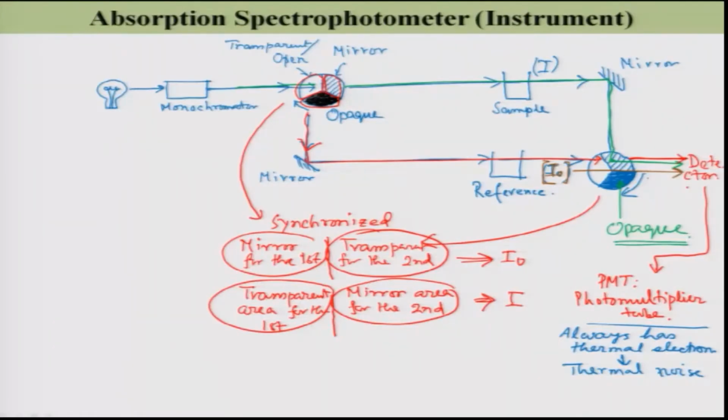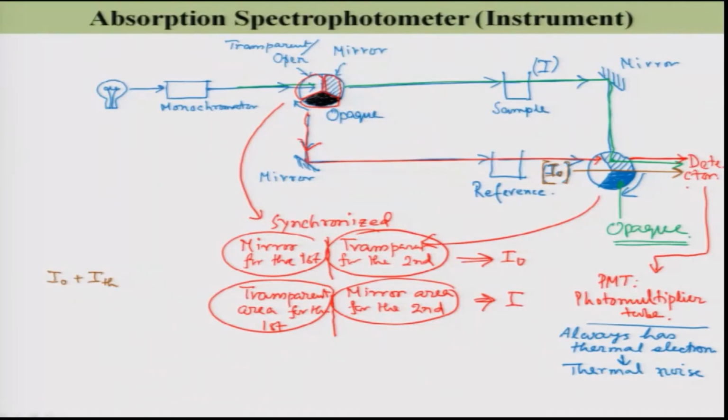Let me assume that the thermal electron intensity is ITH. So, here I0 is because of the incoming light plus ITH because of the thermal electrons. So, that is the total intensity.